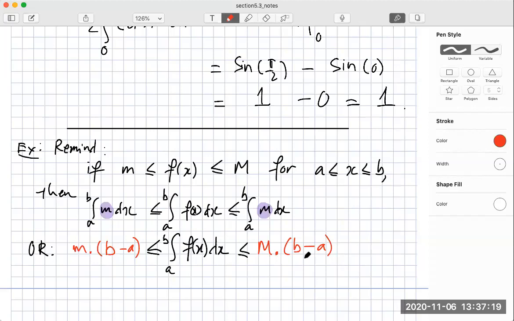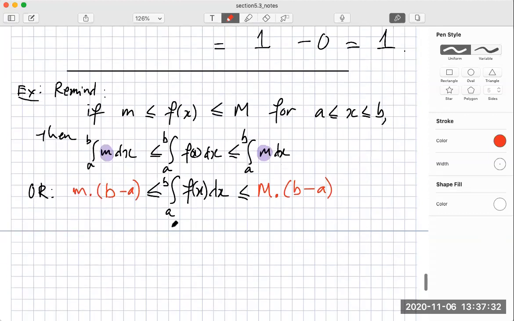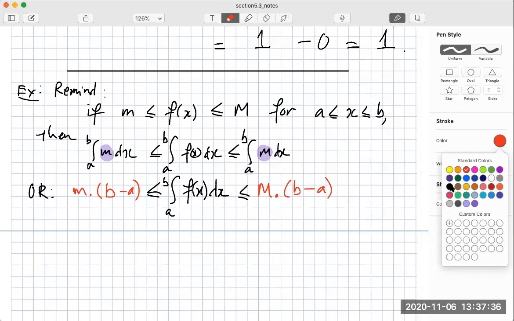So it means that if we are given any function f of x, we know the minimum and maximum, we can estimate the integral of this, right? So let us consider this one.